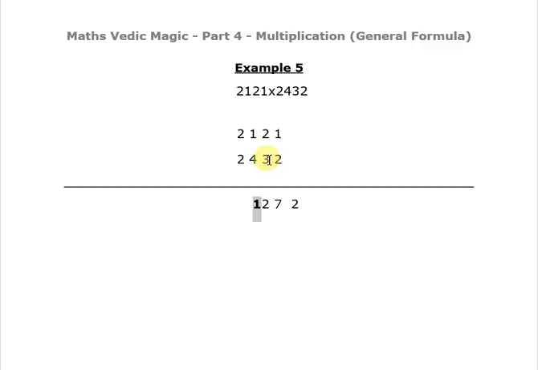And then moving leftwards, because now we have exhausted all the multiplication with the rightmost digits. So now it's 3 into 2, 6, plus 2 into 2, 4, 10, plus 4 middle one, 14, plus 1 carry, that gives us 15.